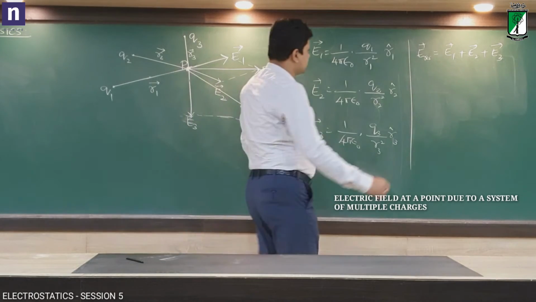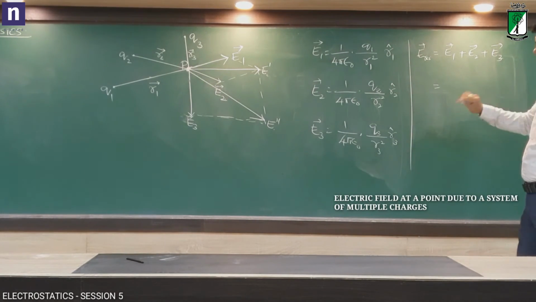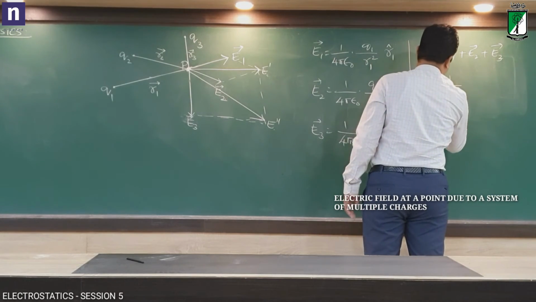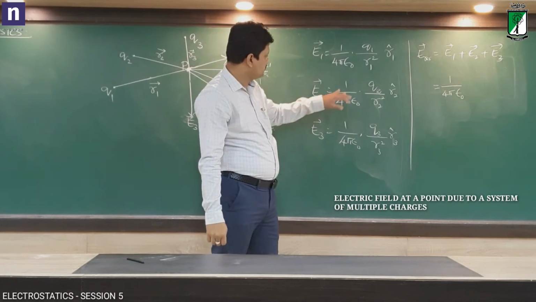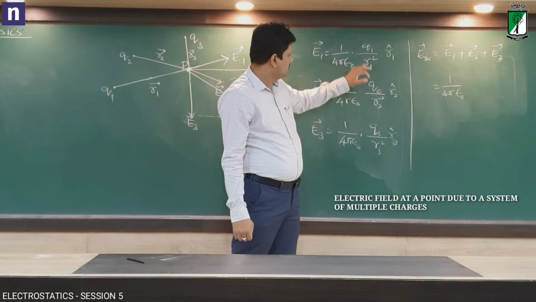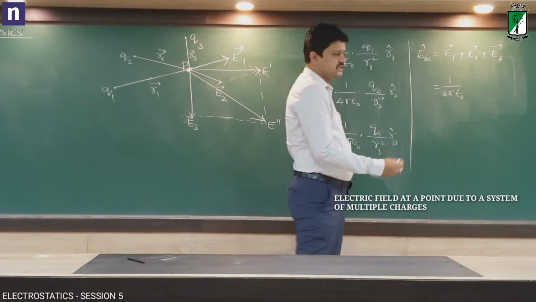So if you substitute and add up, what do you get here? 1 by 4 pi epsilon naught is common. What is left now? Q1, Q2, Q3 divided by R1, R2, R3 squares.